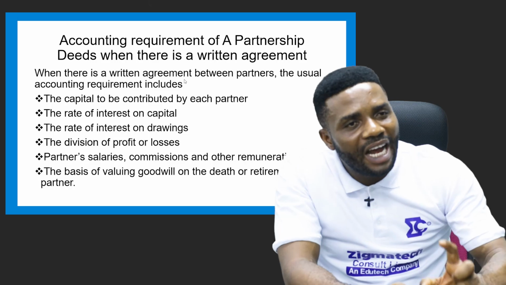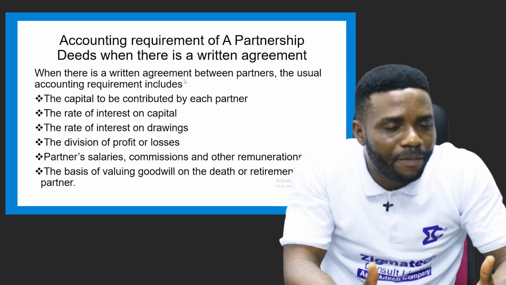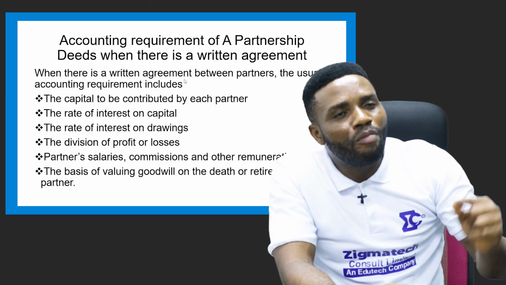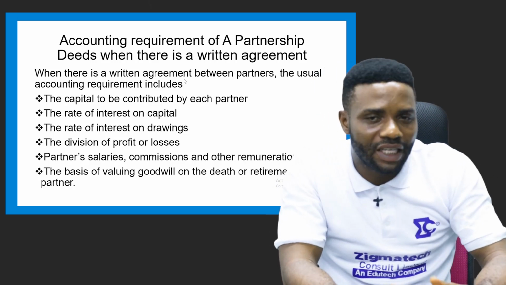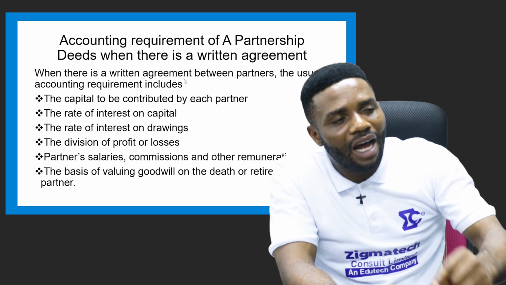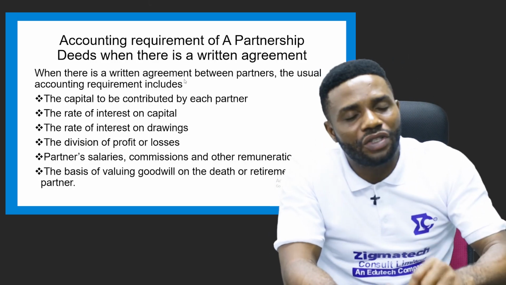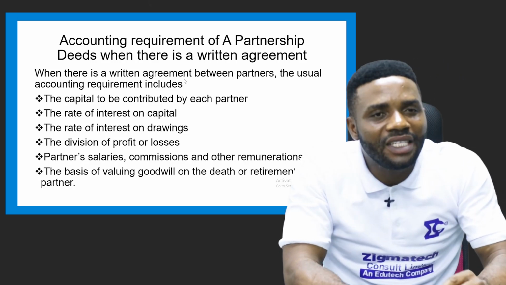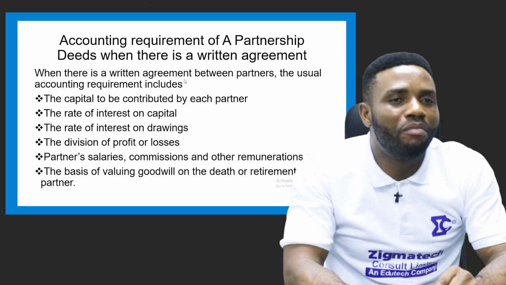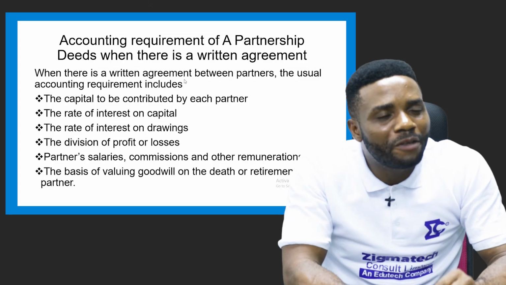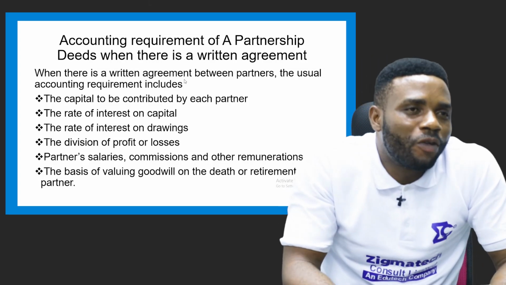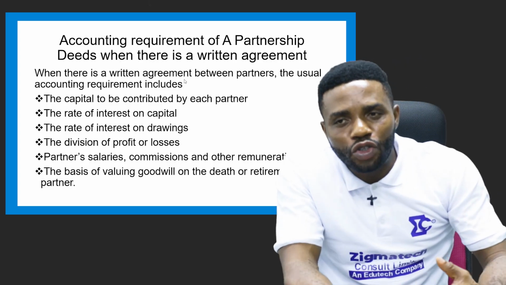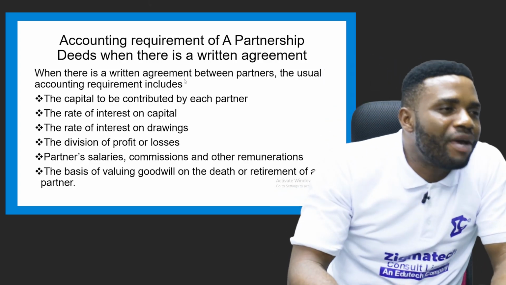Every time a partner takes money from the business for personal use, when that money is not being used to promote the business, that money is called drawings. So there must be an interest. If interest is not placed on this money to discourage partners from taking money from the business, tomorrow Peterson will want to withdraw, the next day John will want to take, the next day Betty will want to take.